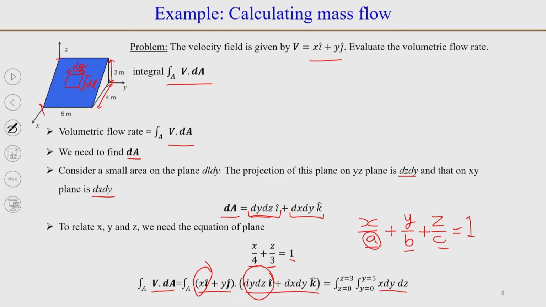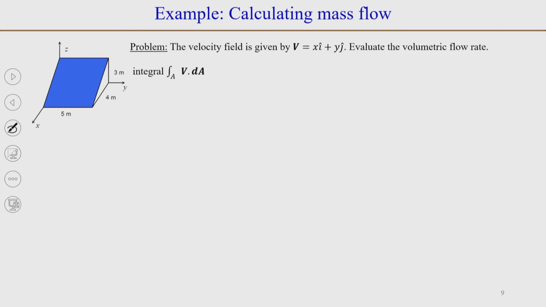Over the plane, the limits go from y equal to 0 to y equal to 5, and the other limit for z is from z equal to 0 to z equal to 3, because we have x dy dz. Now, we know that x in terms of z can be written from the equation of this plane, so we can substitute that.